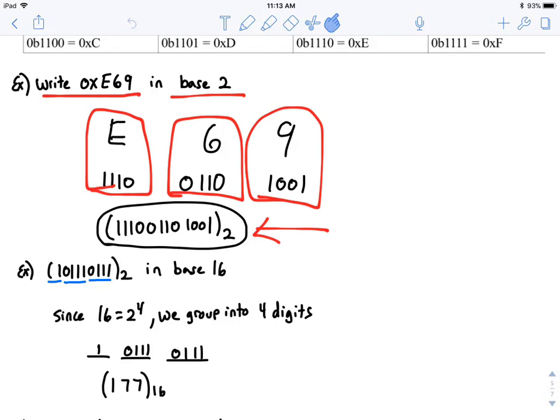When we are going the other way, from base 2 over to base 16, 16 is 2 to the 4th. So we grouped it into 4s. And then you take each of those 4-digit numbers, refer back to your chart to find out what symbol you would use in base 16.